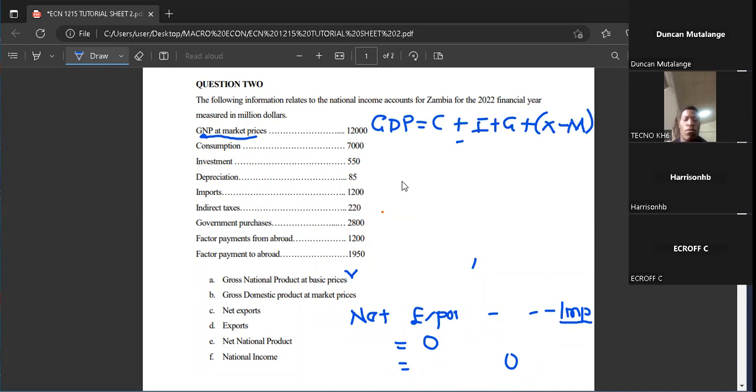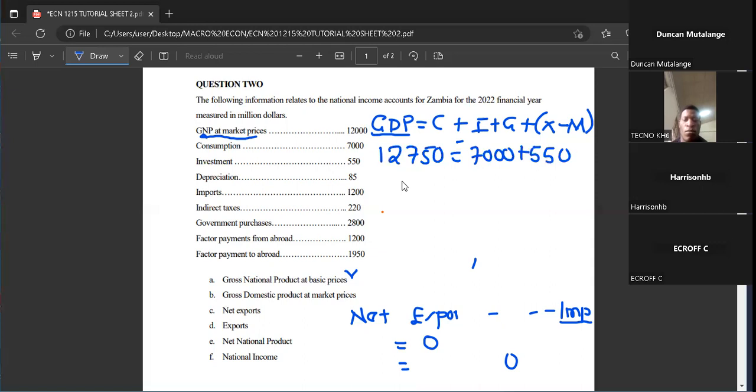So we have our GDP, which we have calculated. What's the answer we found? 12,750, right? Then it is equal to, what's our consumption? We have 7,000. Then our investment, 550.